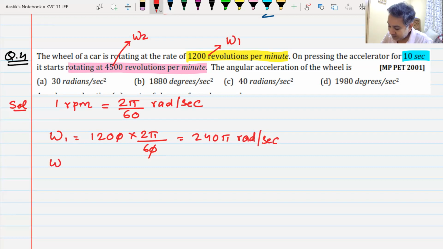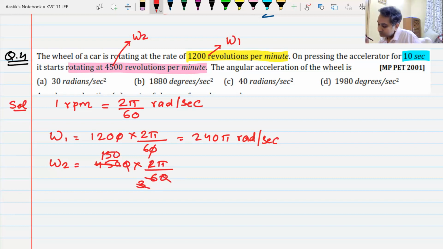Okay. Then I find the value of omega 2. That will be equal to 4500 multiplied by 2 pi by 60. This goes once. This goes 3 times. And this goes 150 times. Have I done it correctly? It is coming as 150. Sir, omega 1 is 40 pi, sir. Yes, beta.